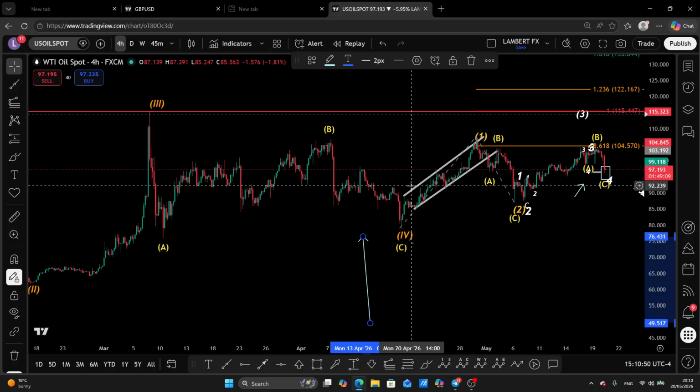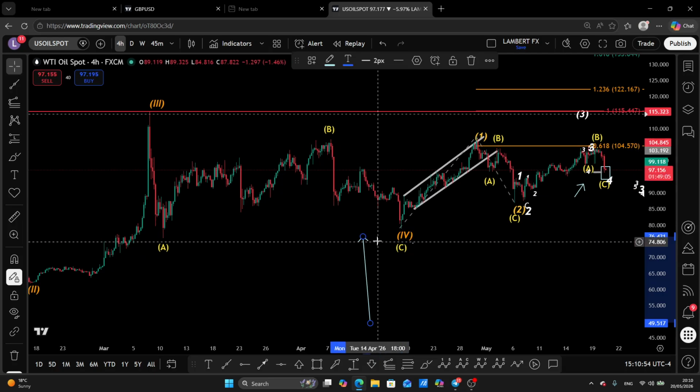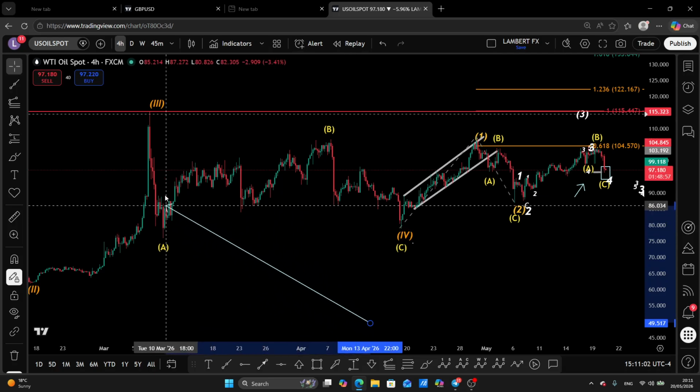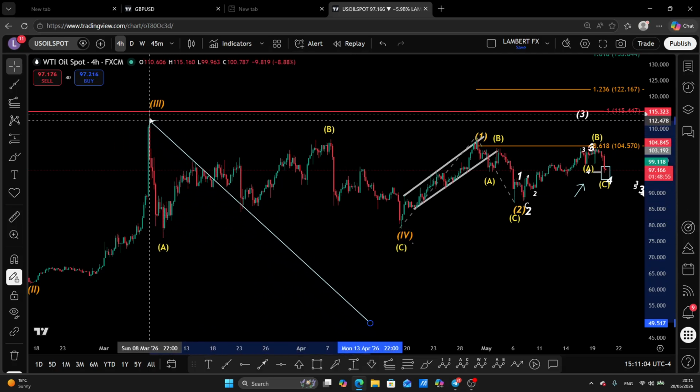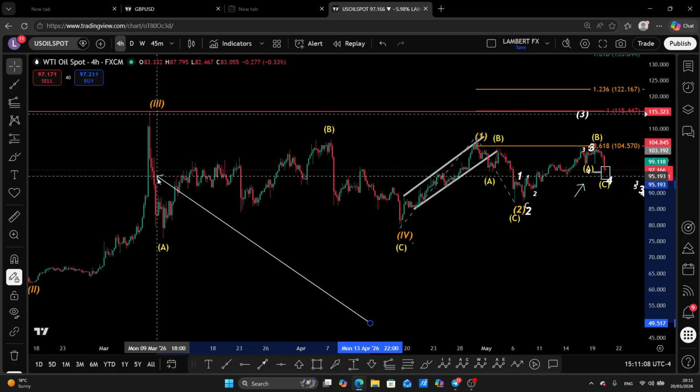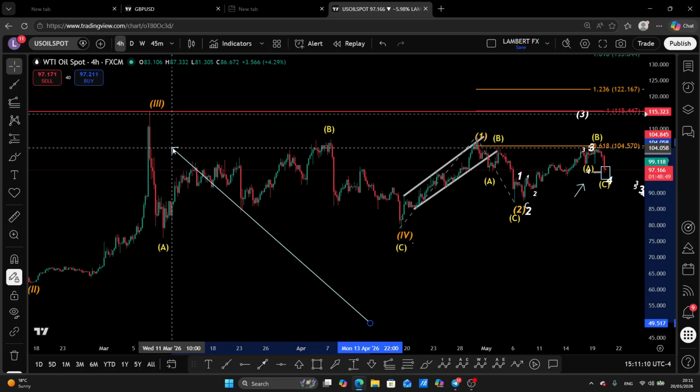Today is the 20th of May, 2026. So we're looking at the US oil on the 4-hour time frame. This is a chart that I have been following for so many months. So we had our wave three here. This analysis is based on the Elliott wave principle.